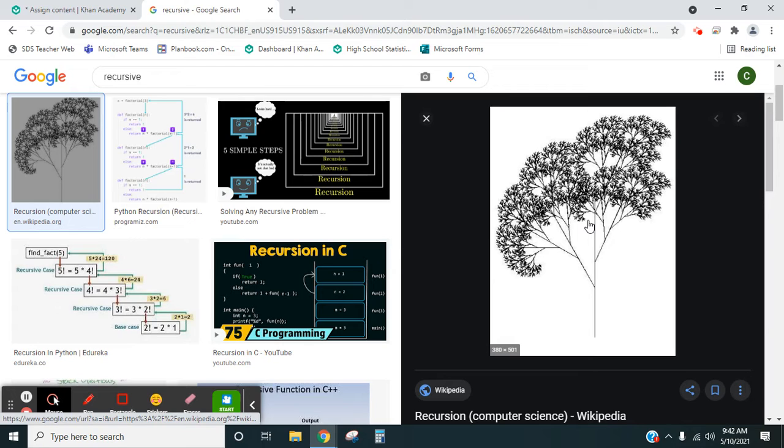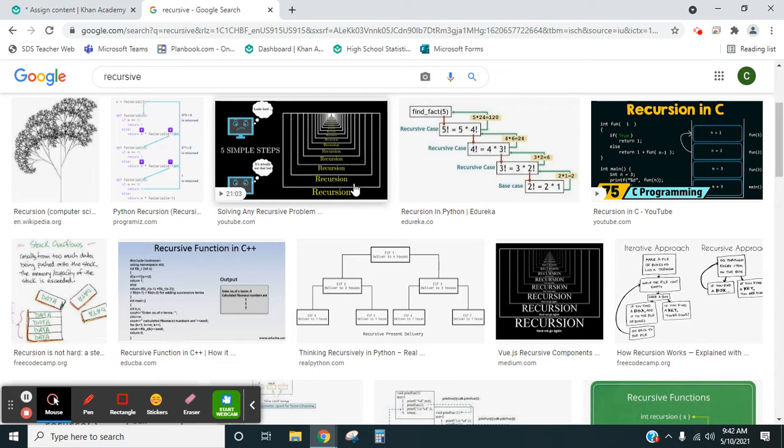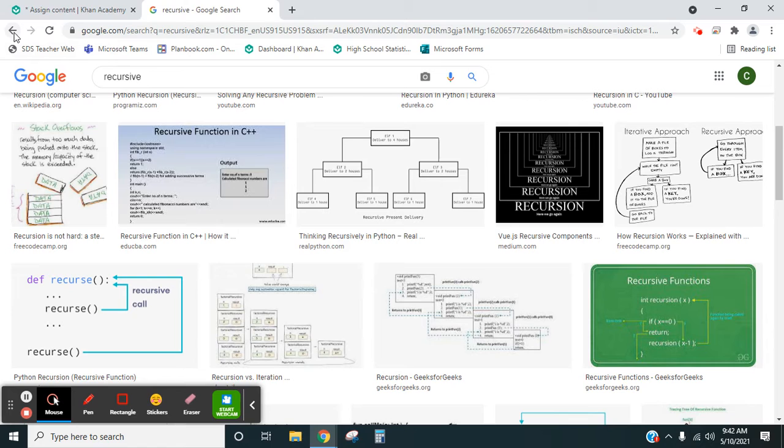A branch, and then off that branch are branches that have the same pattern, which have the same pattern, which have the same pattern. That's called recursion. So recursion means you start with something and then you do the next thing. Like you start with one mirror and then you put it in front of a mirror and then you see the image of the image of the image of the image, right? You ever see that sort of thing? Okay. All right. That's recursion.